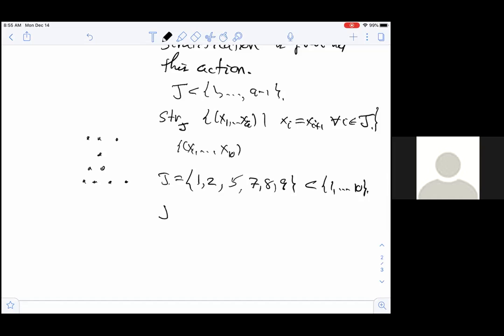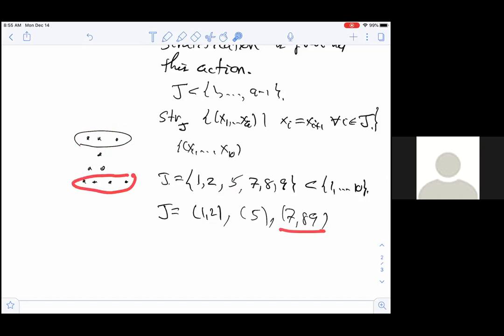So in fact, it's natural to write J as a collection of intervals: 1, 2, that corresponds to 3 critical points; 5, which corresponds to this doublet; and then 7, 8, 9, which corresponds to this quadruplet. So the order of each one of these intervals is one less than the number of critical points at that critical level.